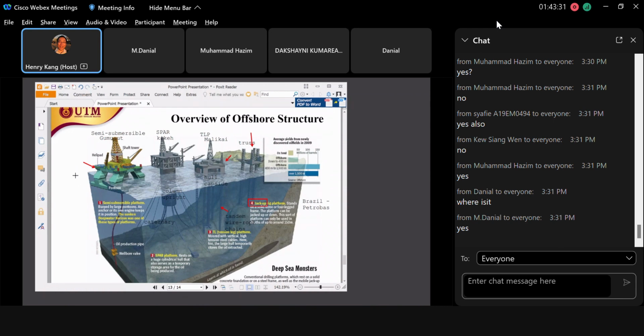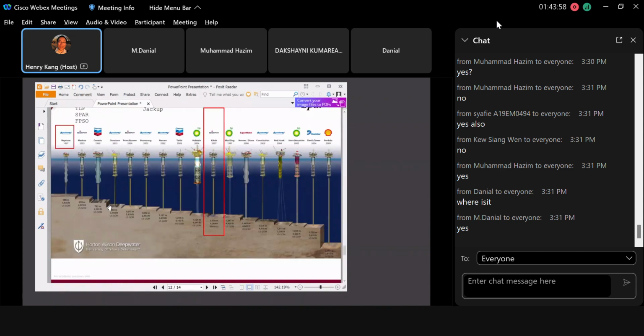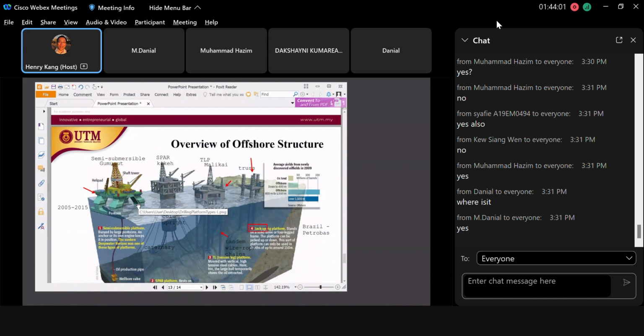So during the booming time of Malaysia offshore oil and gas, around 2015, we managed to develop all four types of floating structure, and we reserved a lot of national experts to build the floating structure.